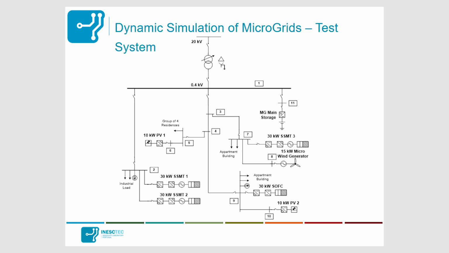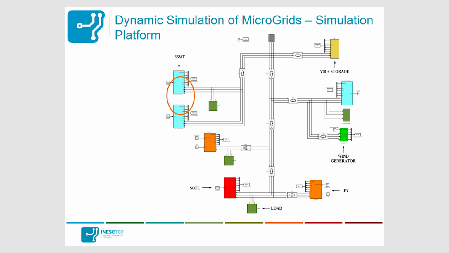This test system has been modeled on a MATLAB platform, and this is the image that you get when you pass from the test system in a single line diagram to the simulation platform with all the models, where each one of those boxes corresponds to one of the units, one of the elements that is going to have a responsibility in the operation of the microgrid, especially when operated in islanding manner.